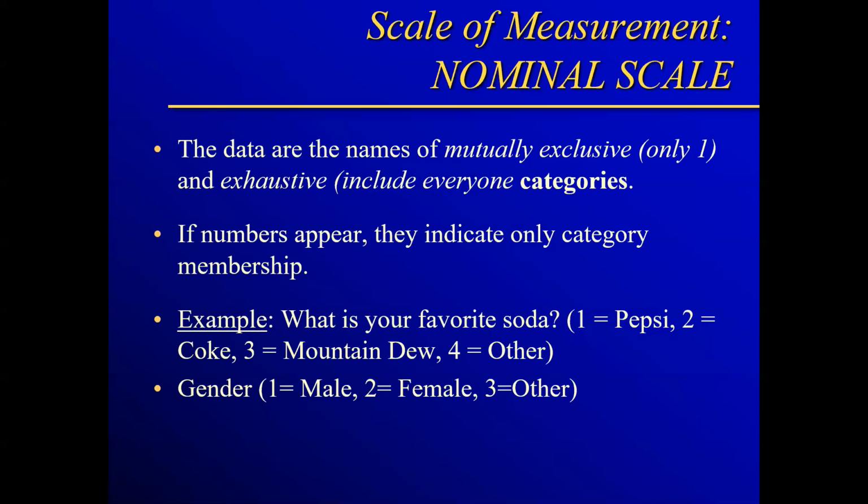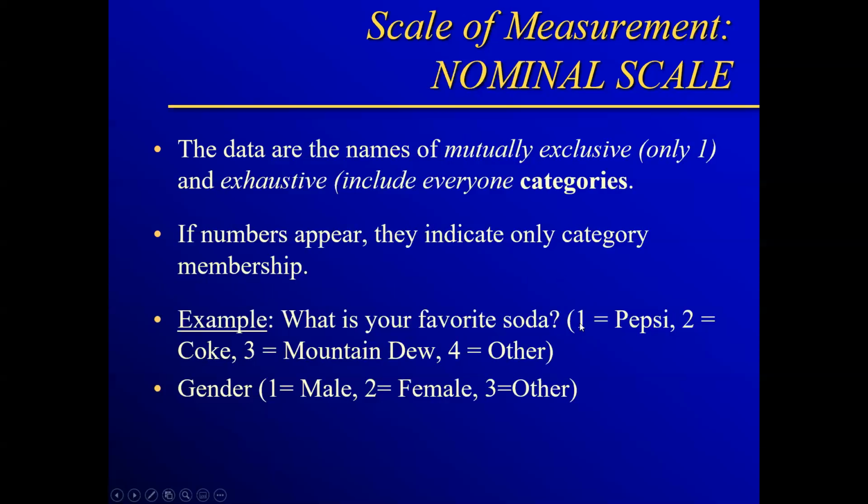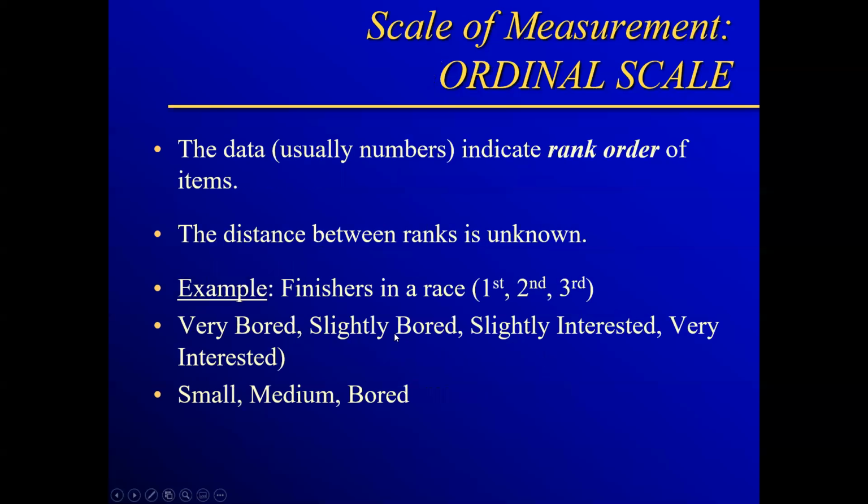Okay, thank you. And so like I said, it doesn't matter what number you assign. If you're taking a test, it could be A, B, C, D. But in research and data analysis, it has to be numbers in the stats programs. All right, let's move on to the next one.